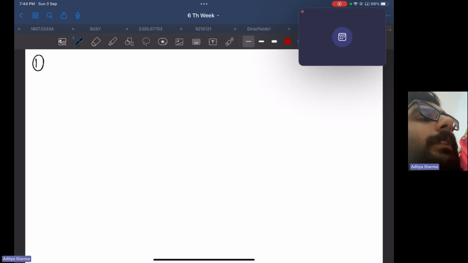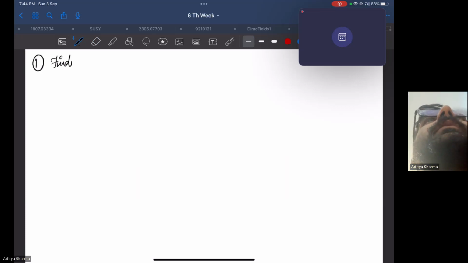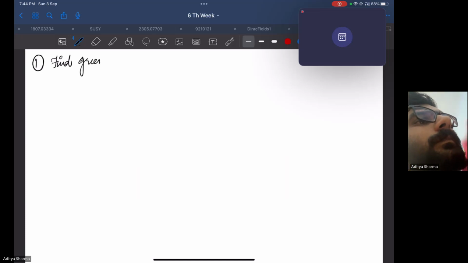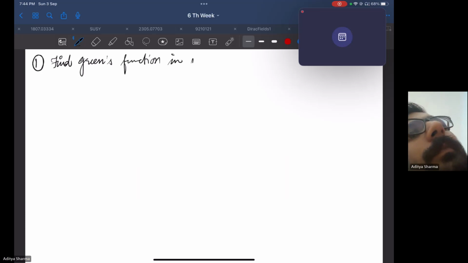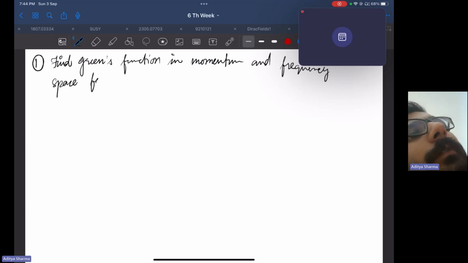Now the question is to find the Green's function in momentum and frequency space for the particle.